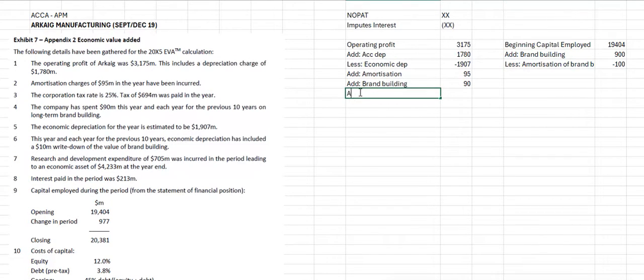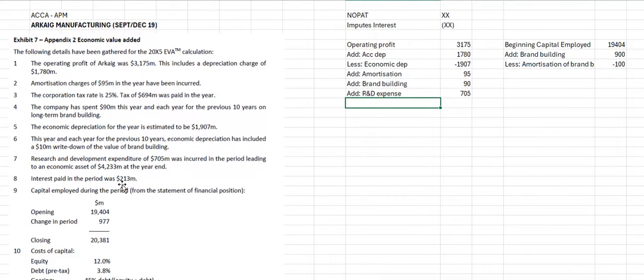Let's add it back. Add R&D expense, how much? 705. So you may ask me, do we add back all the research and development expenses? No. If R&D expense gives you an economic asset, some kind of an asset which has long-term benefit to you, which is not reflected in your balance sheet, then we add it back and we capitalize that asset.